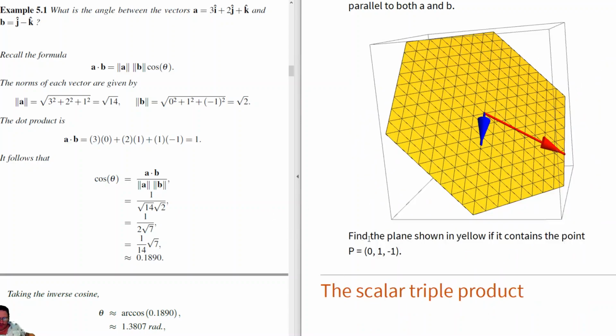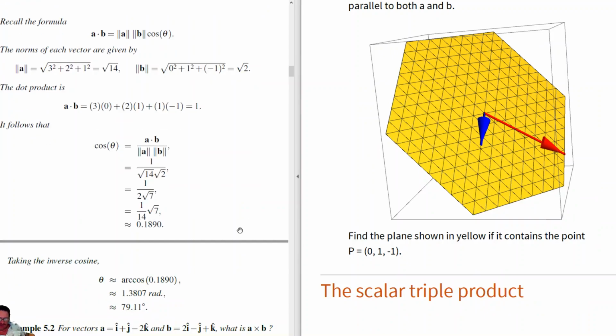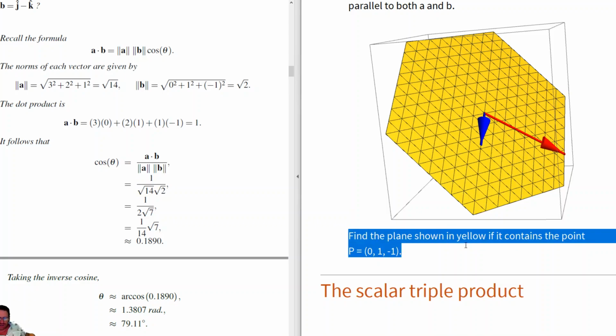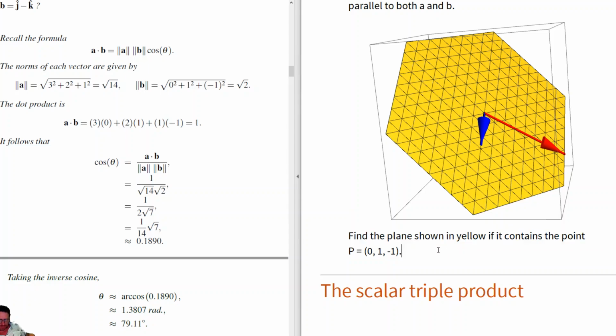All right, so now I'm going to add a little bit more to this question because I can see another application of the cross product that I can just introduce here. So I've got the question here that I've added. Find the plane shown in yellow if it contains the point 0, 1, minus 1.